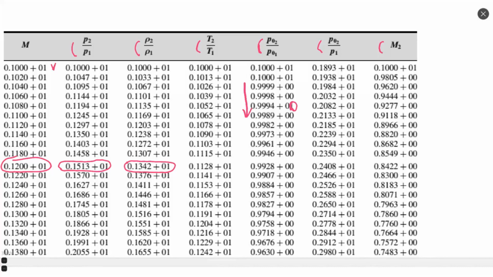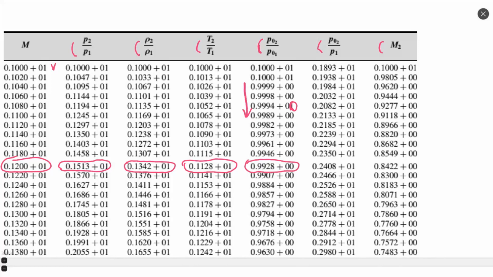So density change is 1.34 times, and the temperature change is the smallest, always the smallest among all other thermodynamic parameters, approximately 1.13 times with respect to temperature before the shock wave. Efficiency of such a transition will be 99.28%.